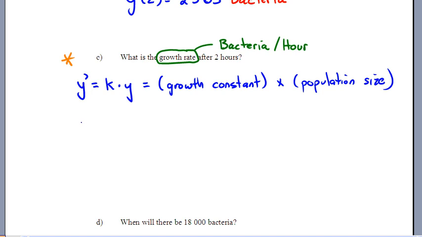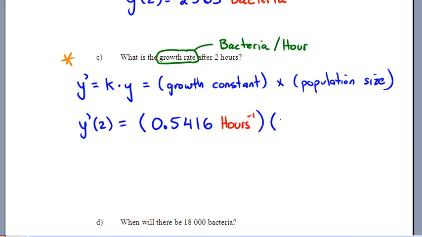So if we want to know what the growth rate is right at time 2, it's actually pretty easy. We're just going to take our k value, which was 0.5416. Remember, it had units that were upside down hours. And we're going to multiply it by how many bacteria are present. And at that moment of the day, it's 2,363.